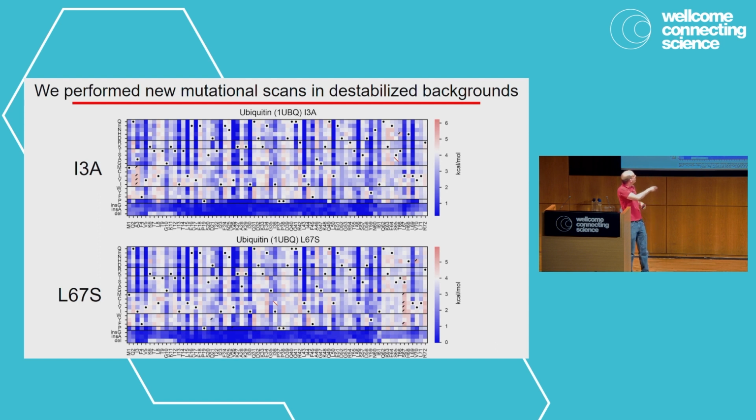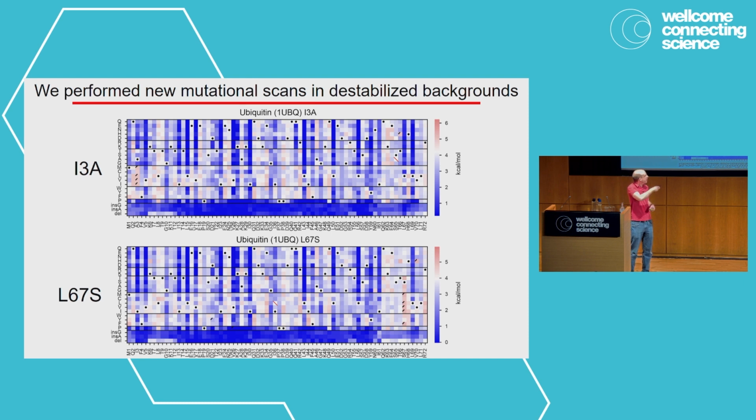So this is all the point mutants of ubiquitin in an I3A background, and this is all the point mutants of ubiquitin in a L67S background. So here's A3, and you can see that it's slightly stabilizing, mutating it back to I, although I think you can't see the full extent of that stability because that actually brings it outside the range of the assay.